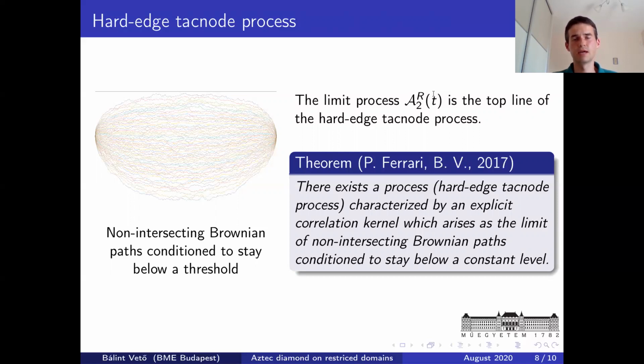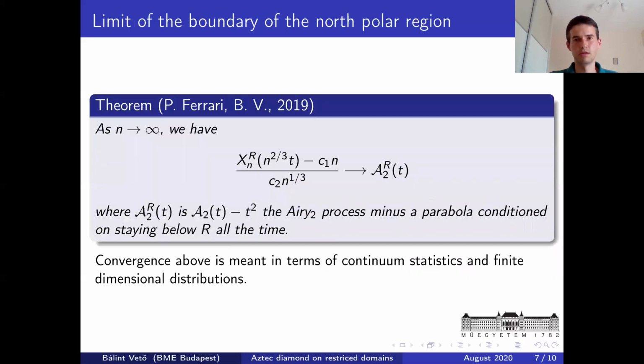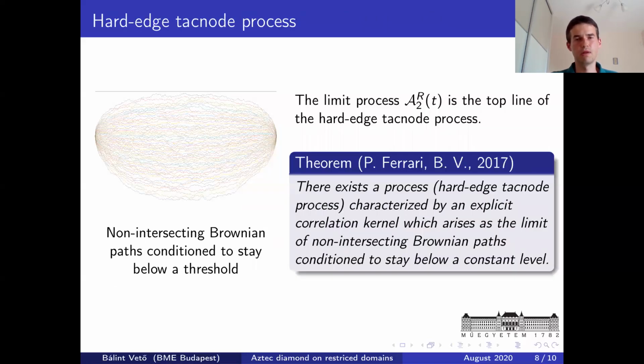And the one that we get as a limit here in the previous slide is just the top line of this hard-edge tacnode process that we described a few years ago in the model of non-intersecting Brownian bridges that are conditioned to stay below a constant threshold at all times.